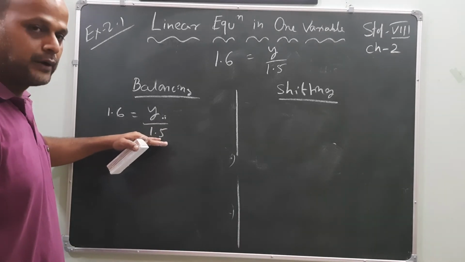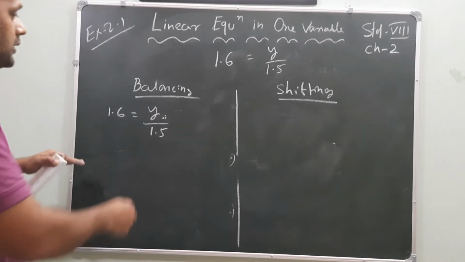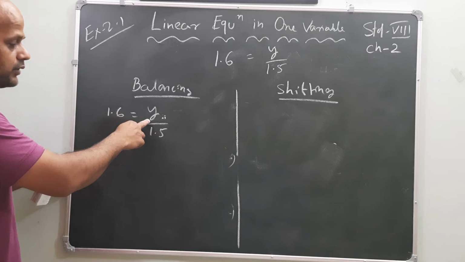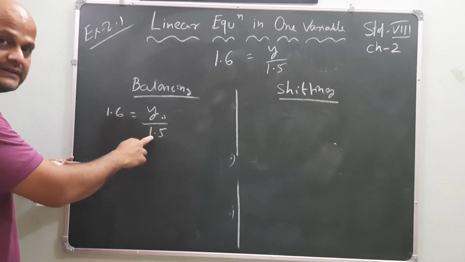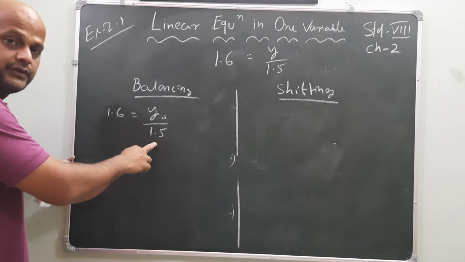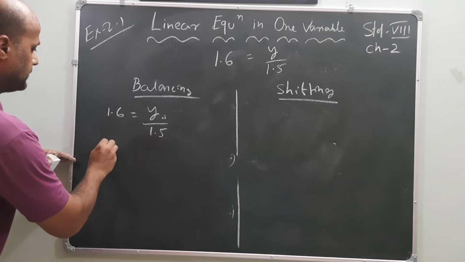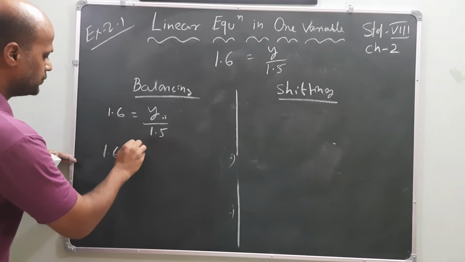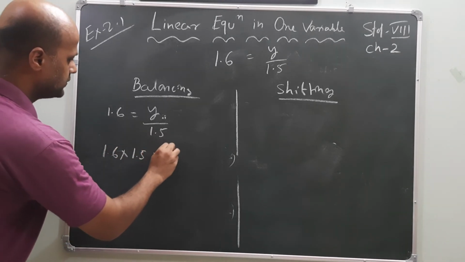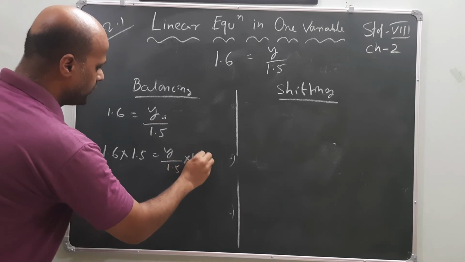Here, what is the variable? y is the variable here. To get the answer for y, what do you have to do? 1.5 is divided. To take out 1.5 from the y, you have to multiply. Into 1.5: 1.6 into 1.5 is equal to y by 1.5 into 1.5.